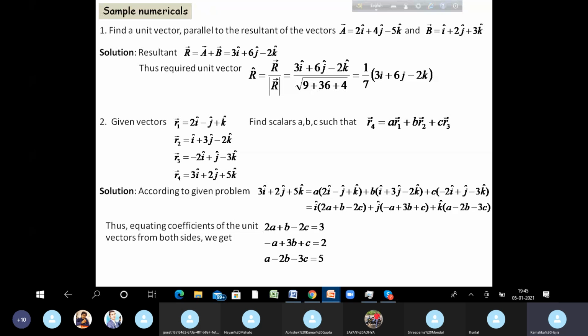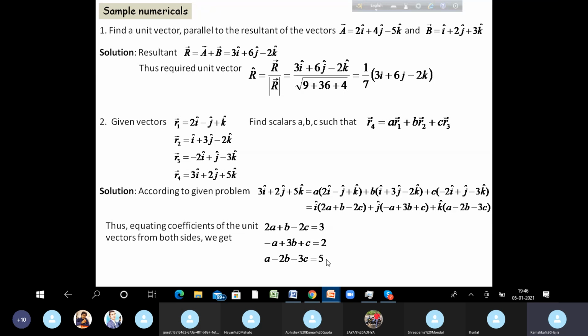So we get three equations: 2a plus b minus 2c equal to 3, coefficient of i cap; minus a plus 3b plus c equal to 2, coefficient of j cap; and a minus 2b minus 3c equal to 5, coefficient of k cap. So you have three unknowns, a, b, and c, and you have three equations.